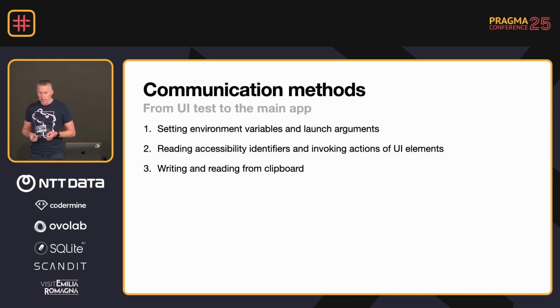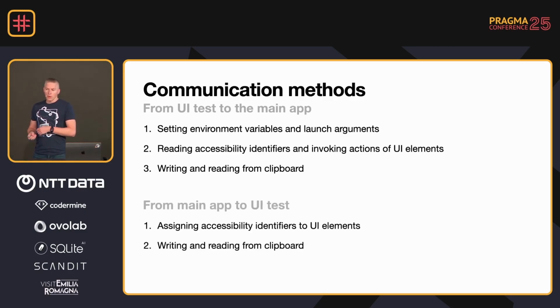And we could write and read from the clipboard or pasteboard. On the other way, from the main app, we could change accessibility identifiers in real time and also write and read from the clipboard, but the last one has quite some pitfalls.